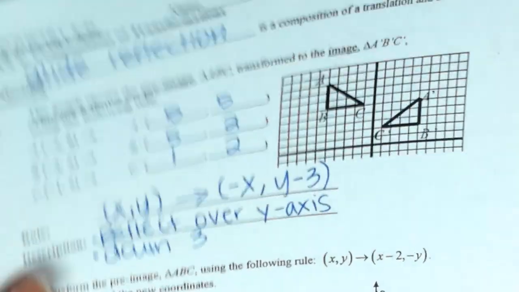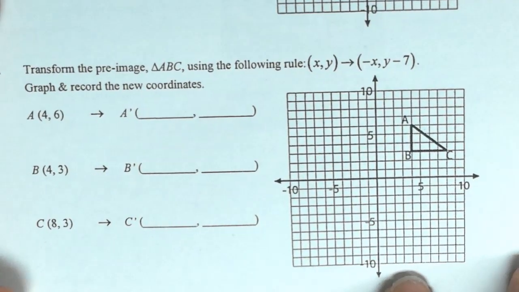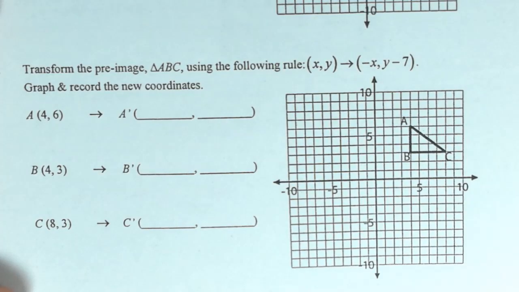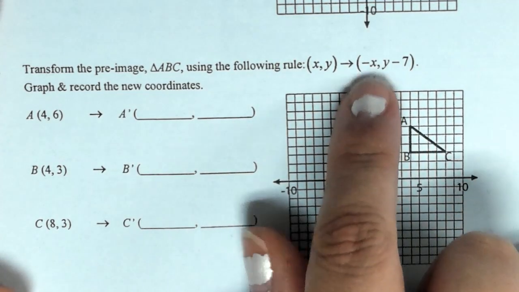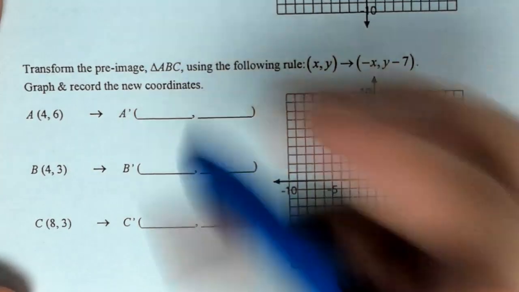Number 3. Number 3 says transform the pre-image ABC using the following rule. Graph and record the new coordinates. You can do this 2 ways. The first way is you can just apply the rule. What does it say to do to my X's? Flip the sign.